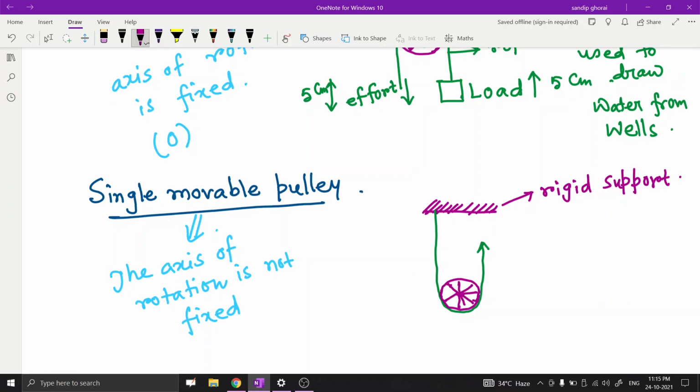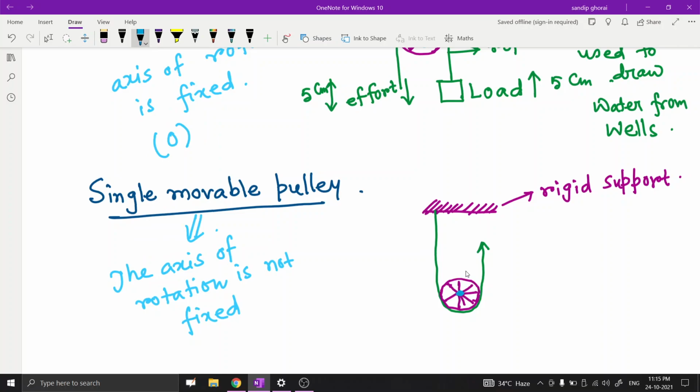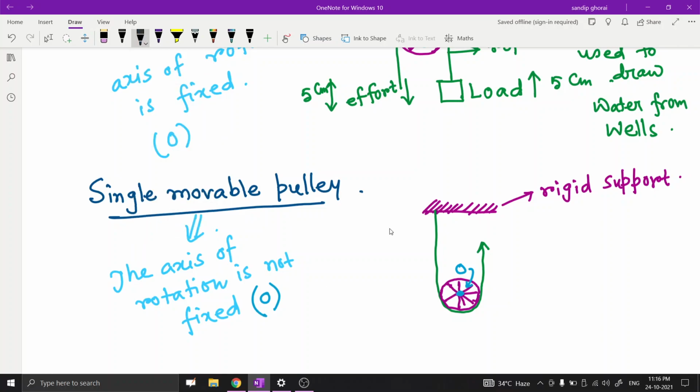This point is O, and O is the axis of rotation which is not fixed, and from this pulley a load is hanging like that. This is your load. This is the block diagram of a single movable pulley.